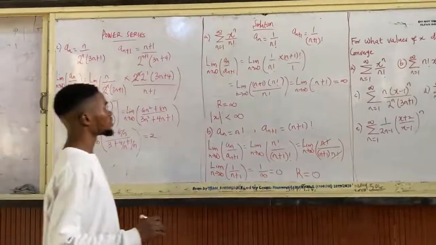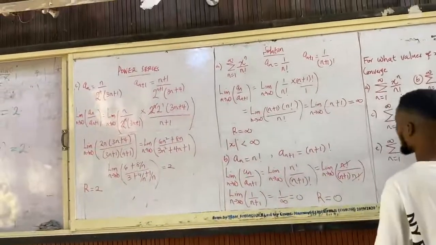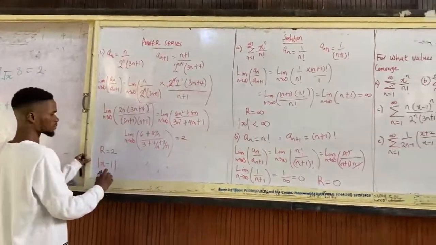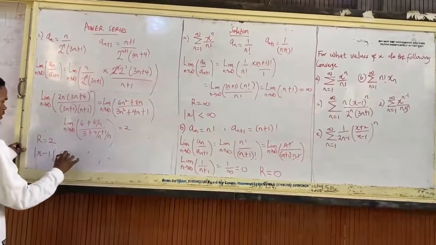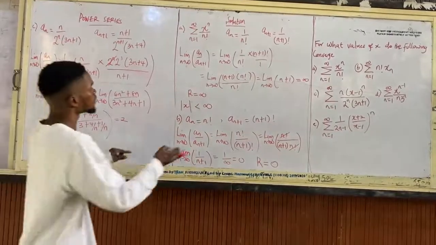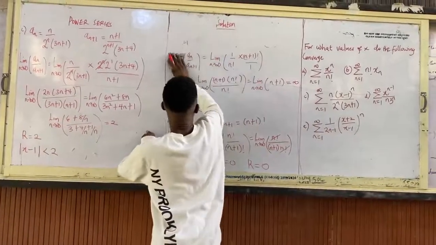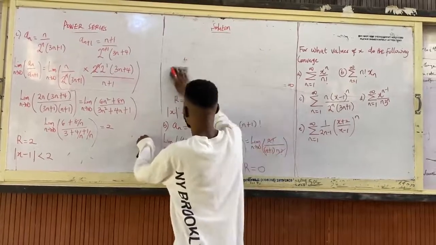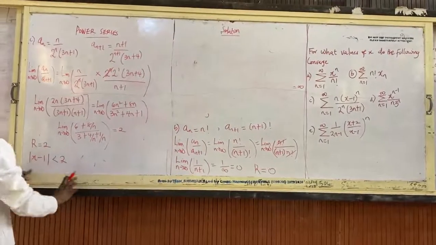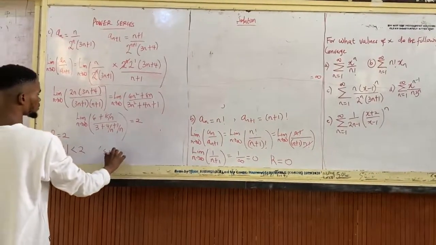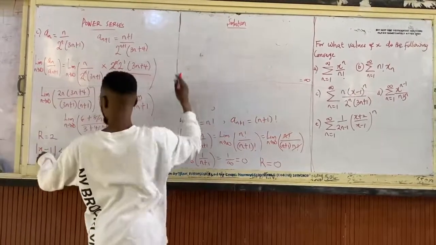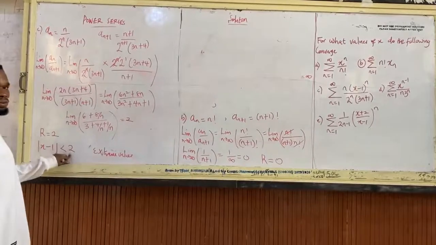And the interval of convergence: we take the absolute value of x minus 1 less than r, which is 2. So this is the interval of convergence. From this absolute value of x minus 1 less than 2, we can find the extreme values from the inequality.